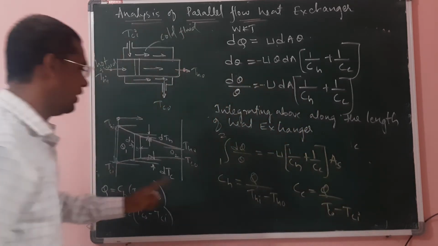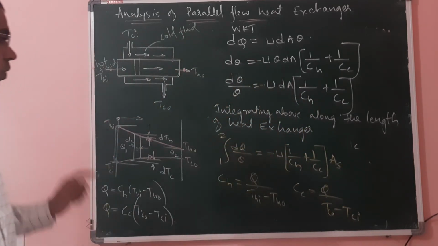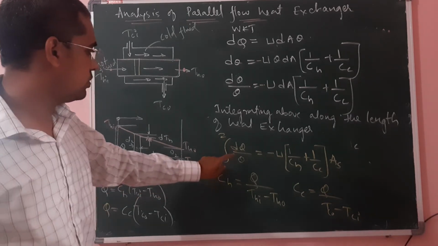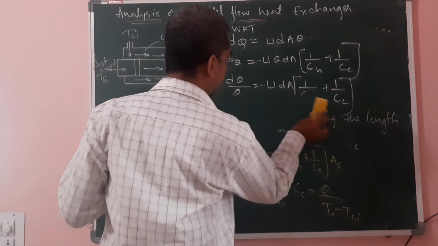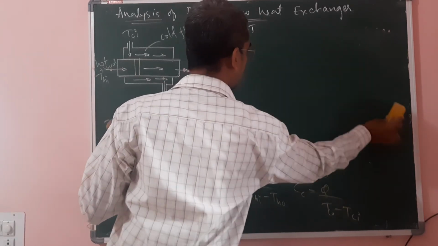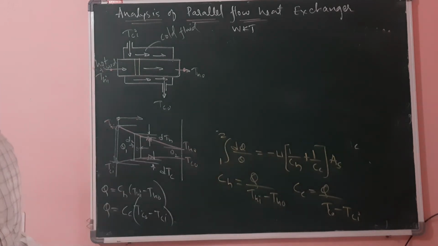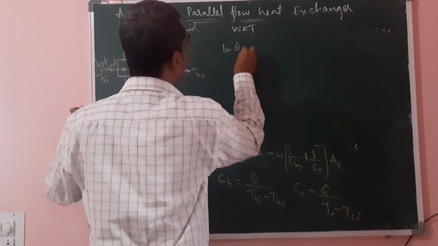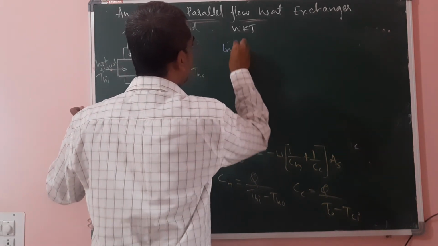If I substitute this here, what happens? The integration of d theta by theta gives ln of theta 2 divided by theta 1.